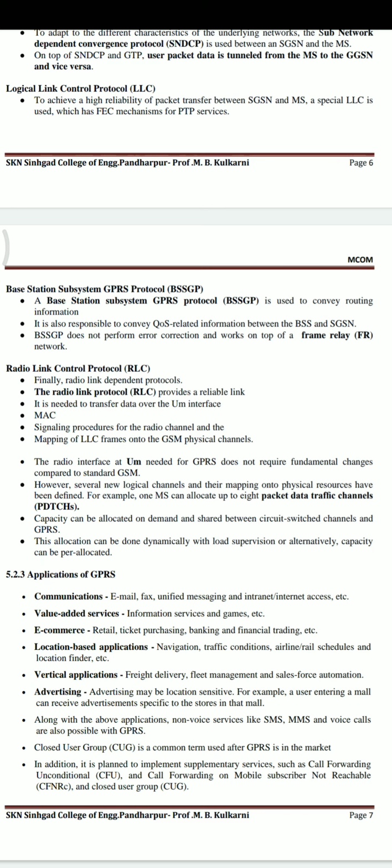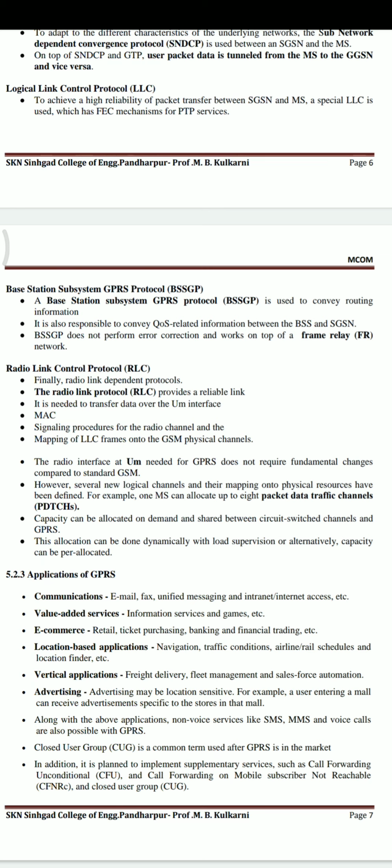However, several new logical channels and their mapping onto physical resources have been defined. For example, a mobile station can allocate up to 8 packet data traffic channels in the transmission.